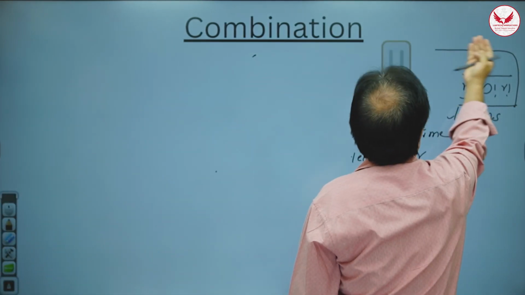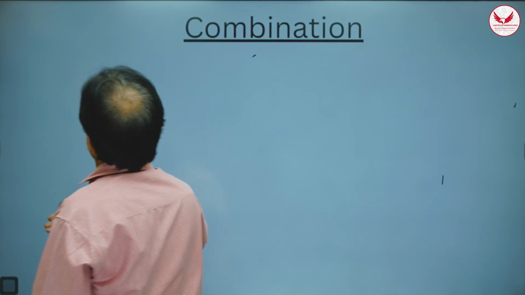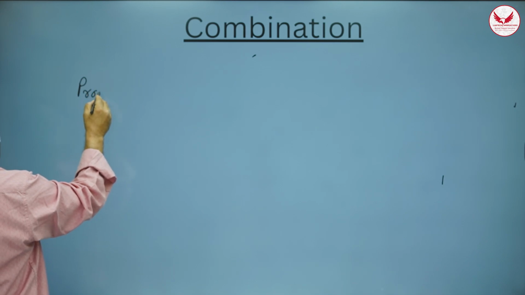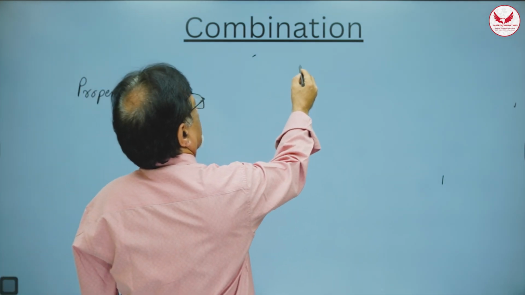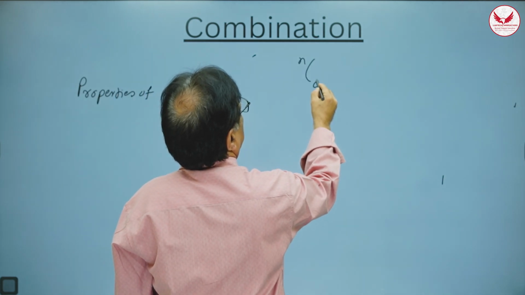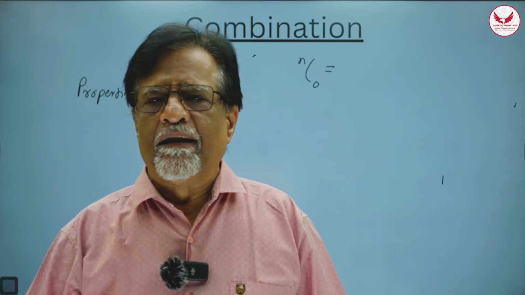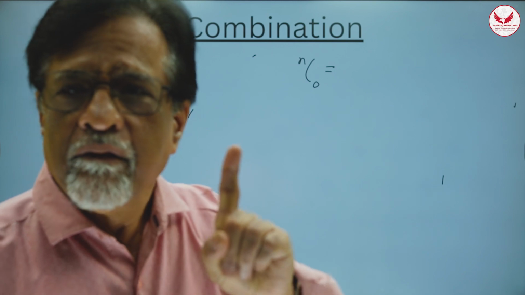Now let us see some of the important properties of NCR. Very interesting. Number 1, what is NC0? It's like, there are n objects and I don't want to select anything. What can I do? I can reject all of them. That can be done in only one way.